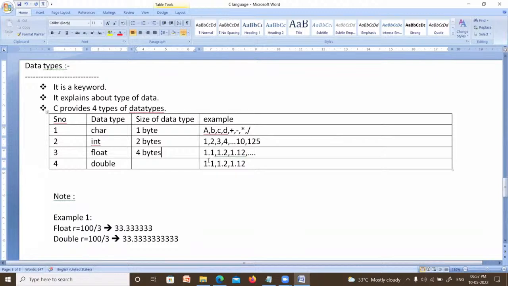In that 2 liters water bottle, how much milk can I pour? How much milk can I store? I can store half liter. I can store 1 liter. I can store 1.5 liter. Up to 2 liters I can store.